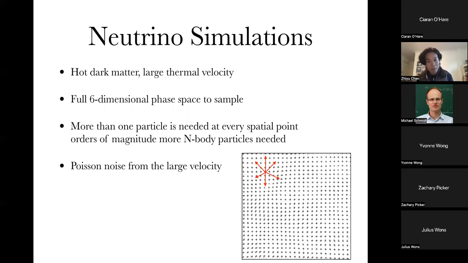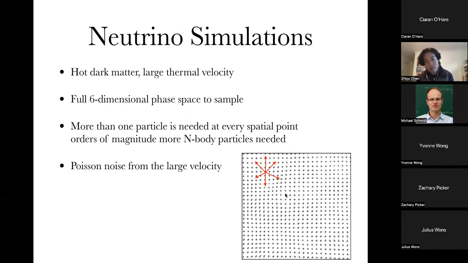So the hot nature of neutrinos makes them very problematic. The 6-dimensional phase space you have to sample, going from 3 to 6, doesn't sound like a lot. But if you just crunch the numbers, you realize that the number of particles required is orders of magnitude more. So again, let's go back to the box where at every single location you would only need a single cold dark matter particle to sample the spatial phase space.